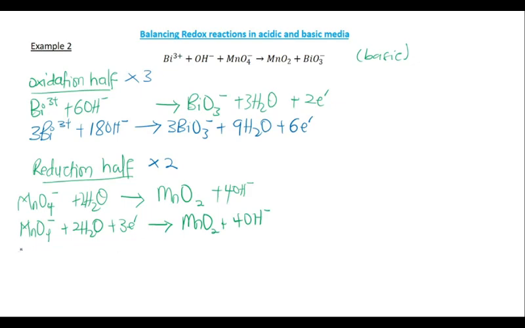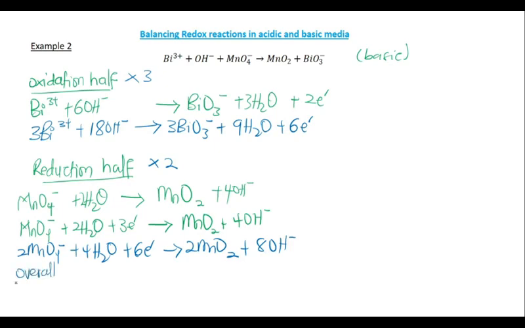So for this side we have 2 MnO4 minus plus 4 H2O plus 6 electrons, giving us 2 MnO2 plus 8 OH minus. So now that we have them balanced, we can go ahead and write our overall reaction.